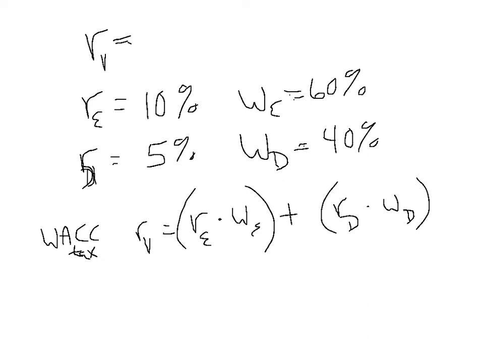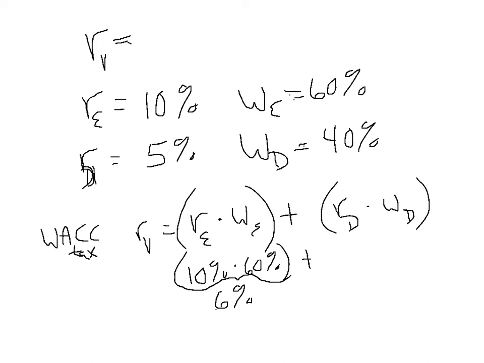We're saying that R of E, so we're taking 10% times 60% to get the weighted cost. 60% of 10% is 6%, right? That's what that comes out to.